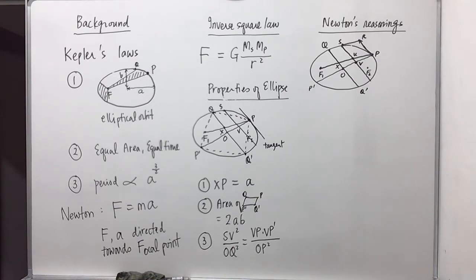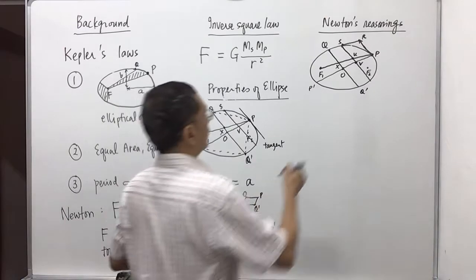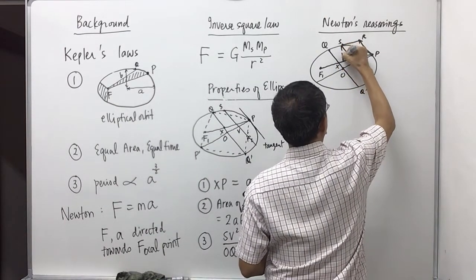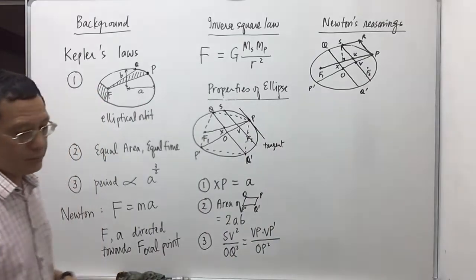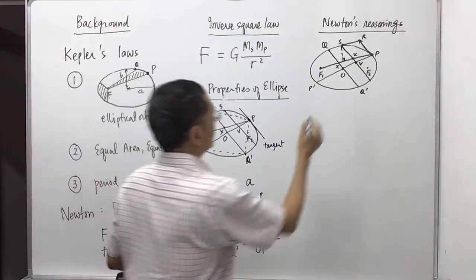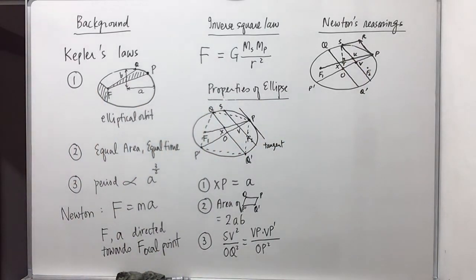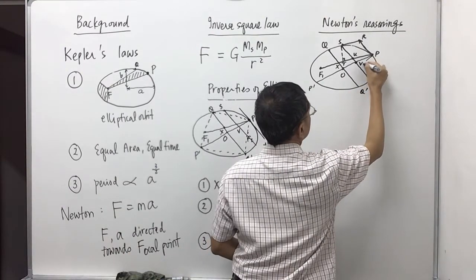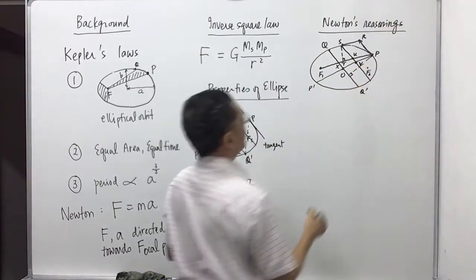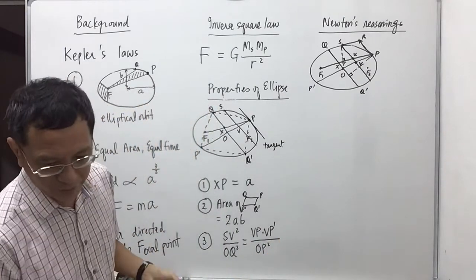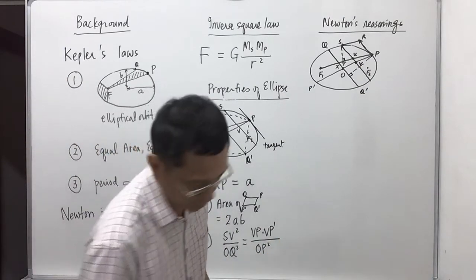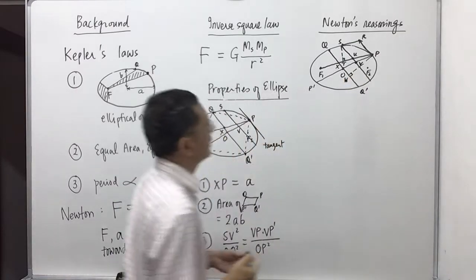First, from S, I'm going to draw a perpendicular down to F1P, and let's call it T. Now from P, I'm going to draw another perpendicular line, but this time to OQ, or QQ prime, and let's call it W. Okay, I'm done with my picture.